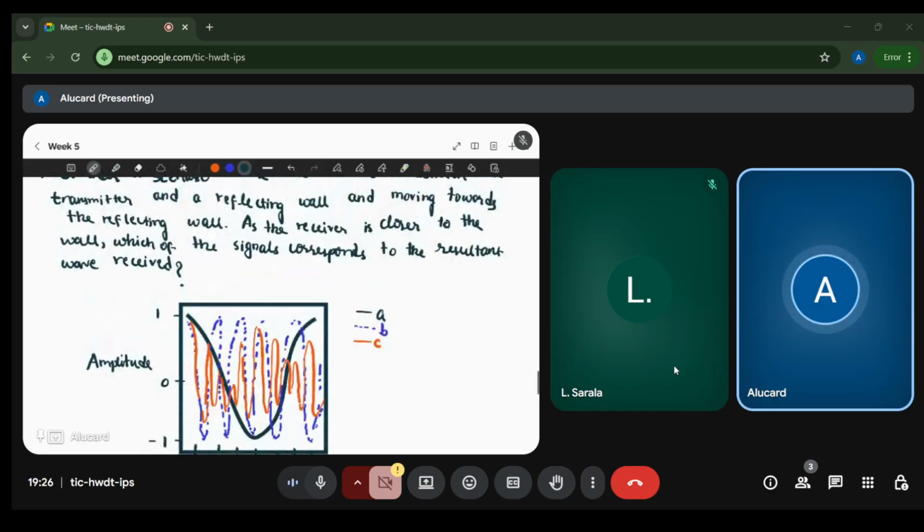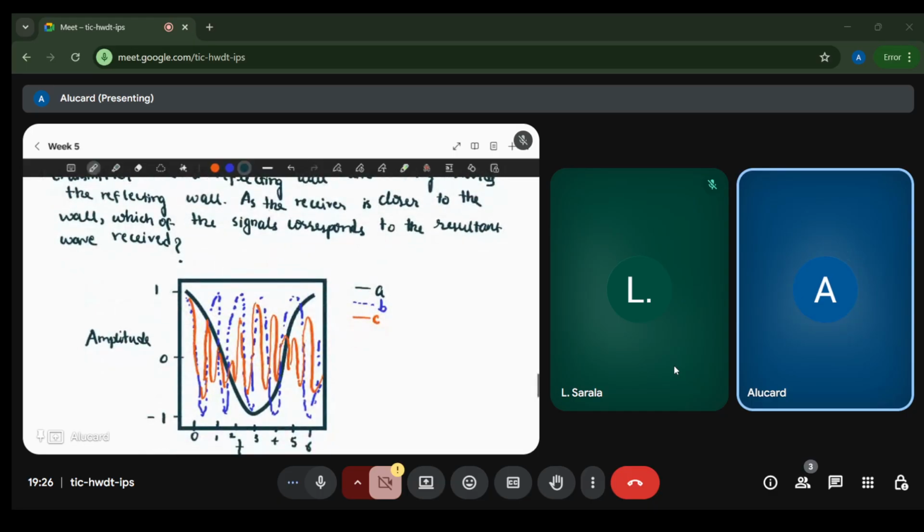So, which one of these is the signal that the receiver sees when it is moving towards the wall and it is close to the wall?